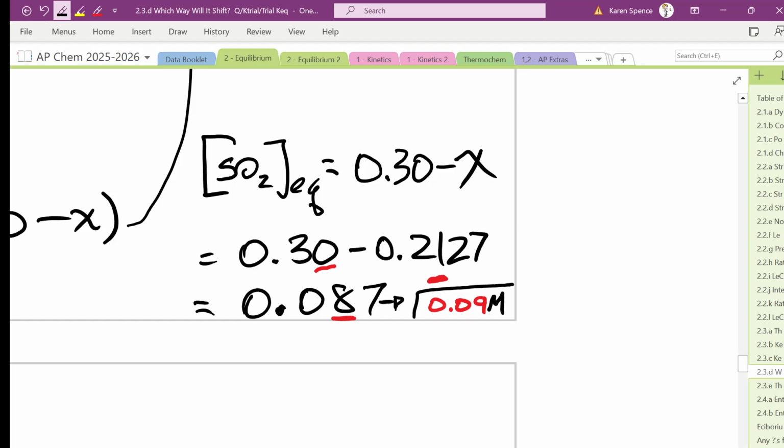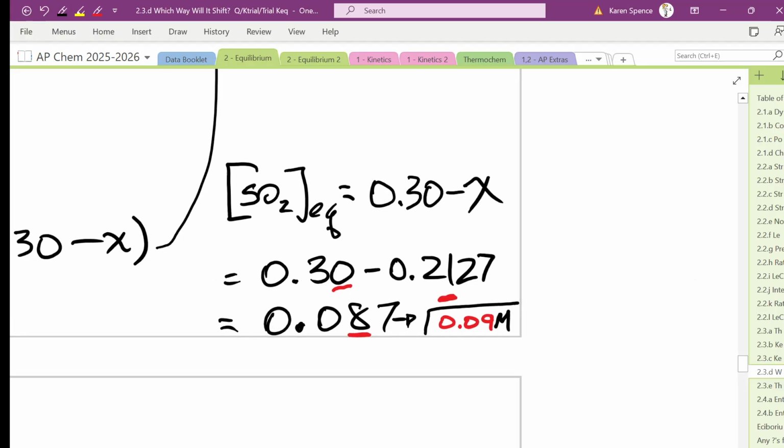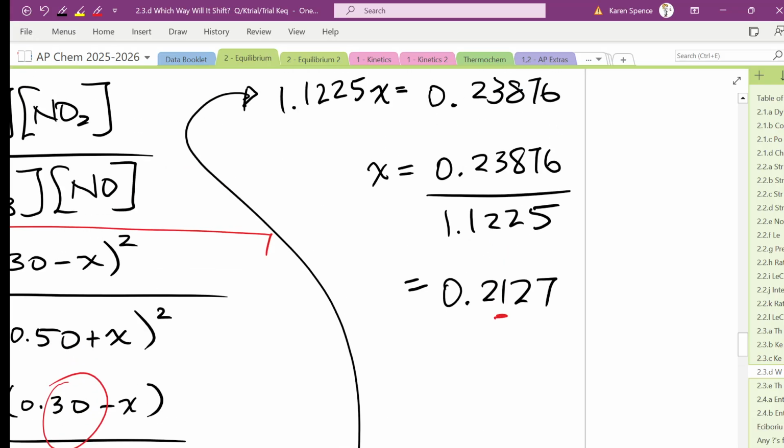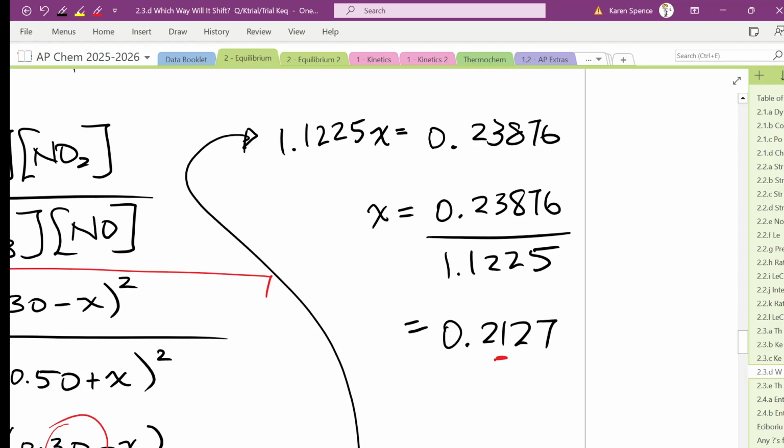Did you? What did you get? It's slightly different, I think. Oh, did I write 2127 and it should have been 2721? Okay, let's try it again. 0.23876 divided by 1.1225.